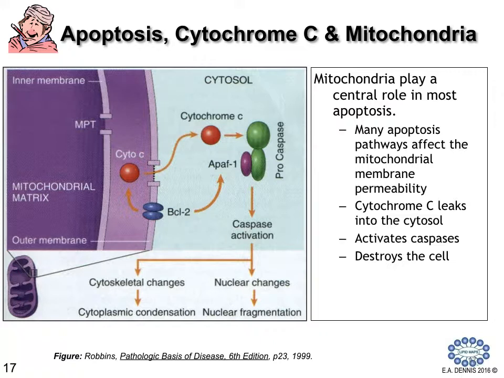When cells undergo apoptosis, many pathways are affected, including increased membrane permeability of the outer membrane. This leads to the activation of caspases and many downstream events consistent with and leading to apoptosis.